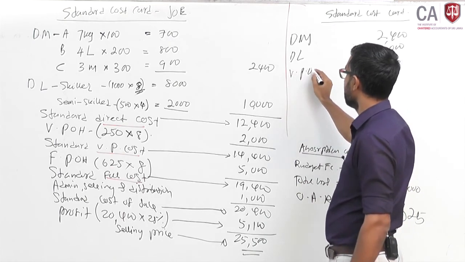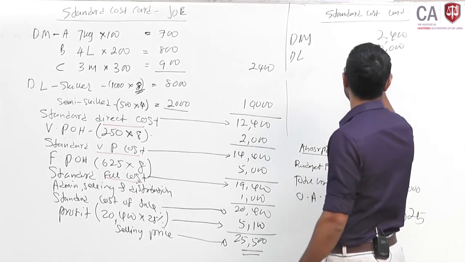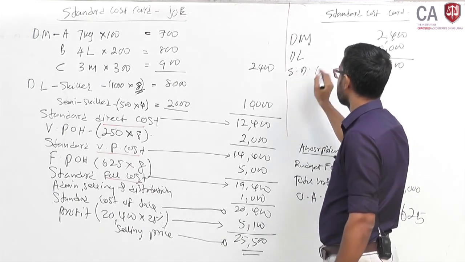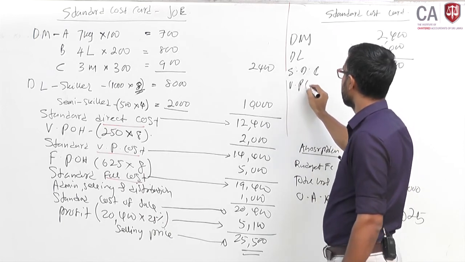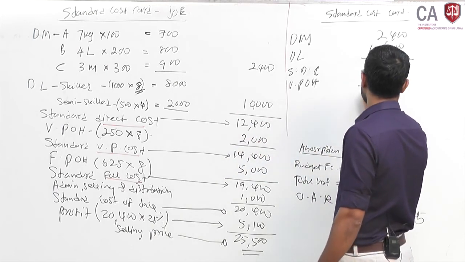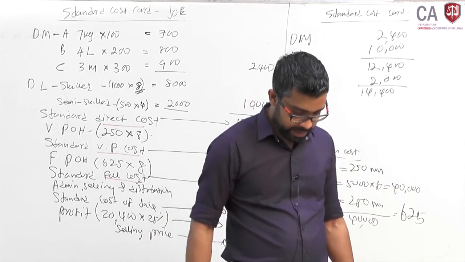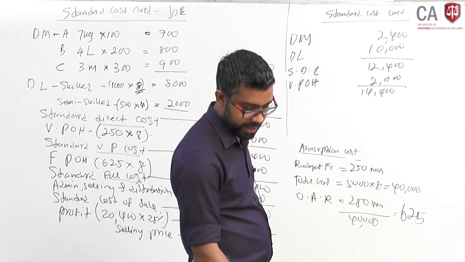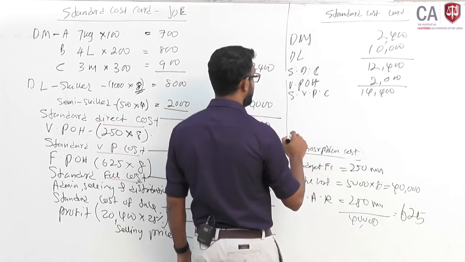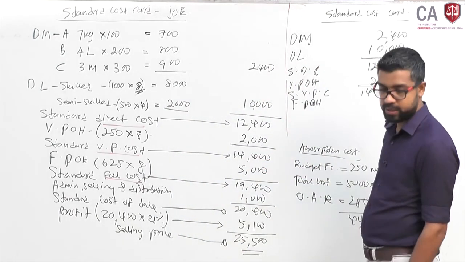So this is the standard direct cost, 12,400. Thereafter variable production overhead, 2000, gives 14,400. That is the standard variable production cost, not overhead. Then fixed production overhead, you have 5,000.